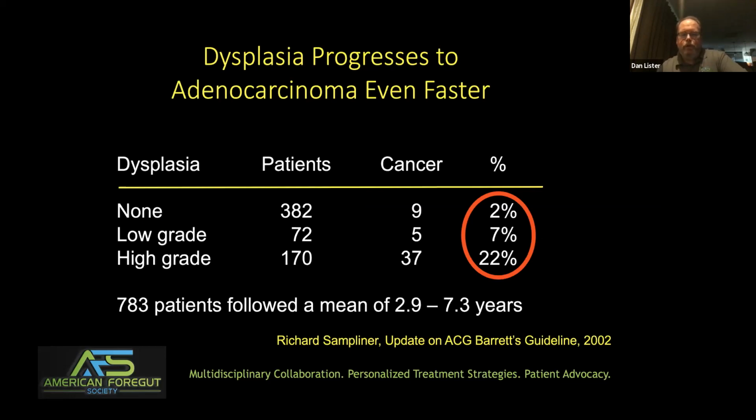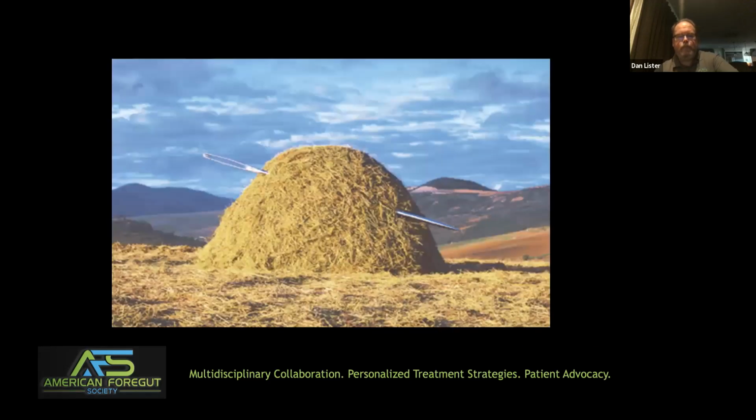However, the patients with low-grade dysplasia had a 7% progression, and patients with high-grade dysplasia had a 22% progression. So it's very critical that we identify the patients with dysplasia and correctly stage their dysplasia so that we know their ultimate risk of progressing to cancer.